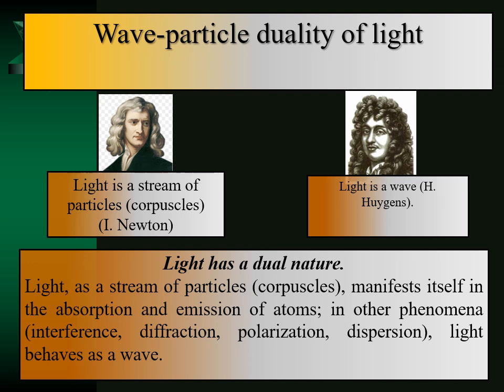To date, the dual nature of light has been confirmed, and the further development of quantum mechanics has only confirmed de Broglie's hypothesis. At present, the corpuscular and wave approaches are simply different technical representations within the framework of a holistic theory of this dual nature.